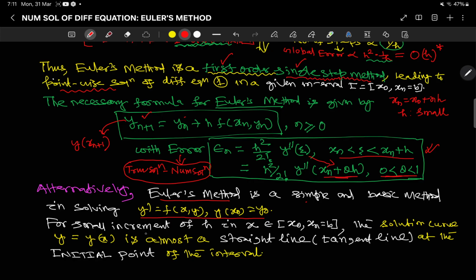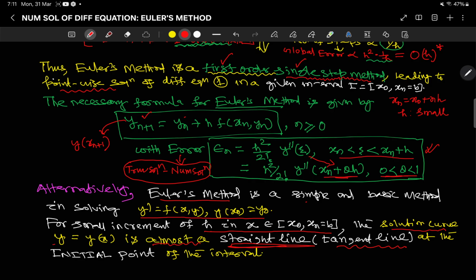Now, for a small increment h in the given interval x0 to xn, the solution curve is almost a straight line, or a tangent line. So we have to find the equation of the tangent, and this tangent at which point?